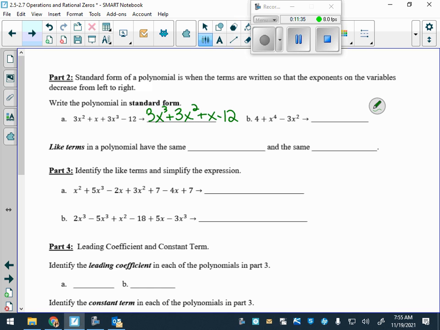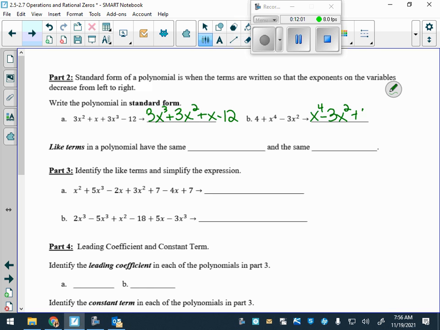Okay, so all we're doing is rearranging. How about B? What would that look like? Camilla? X to the fourth. Good. Then what would come next? Kennedy? Good. And last but not least, yeah, plus 4.